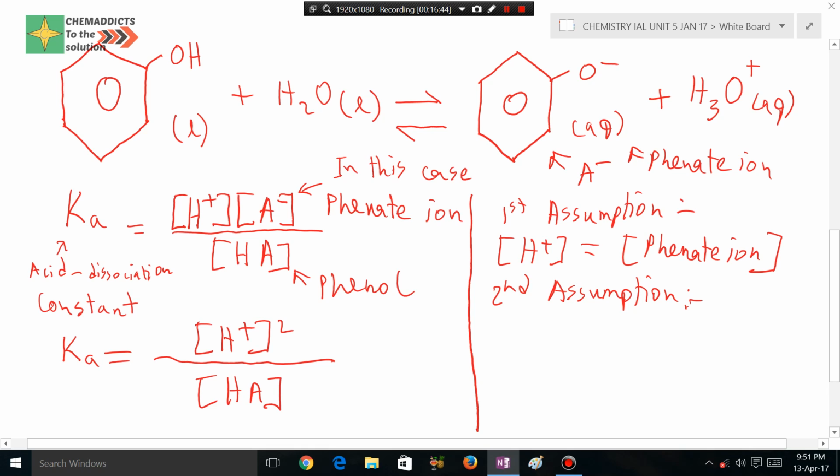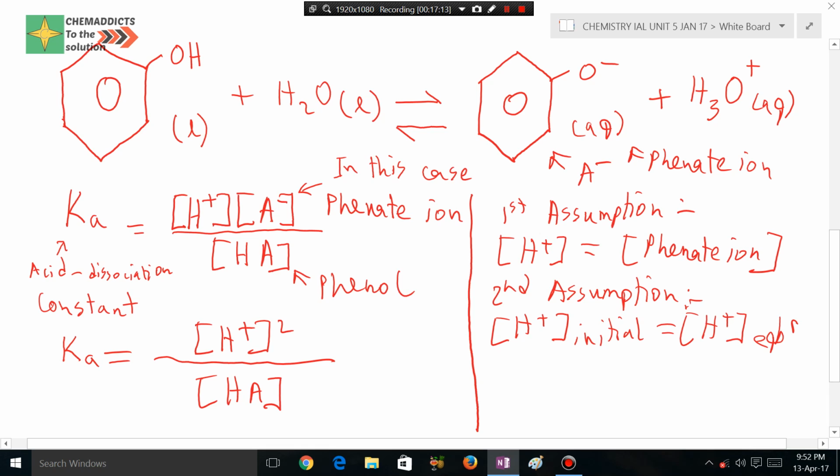The second assumption is that the initial concentration of H plus ion is equivalent to the concentration of H plus ion in equilibrium.